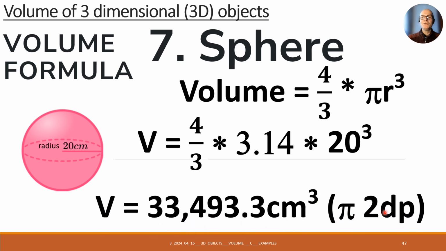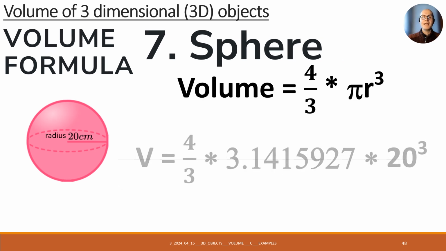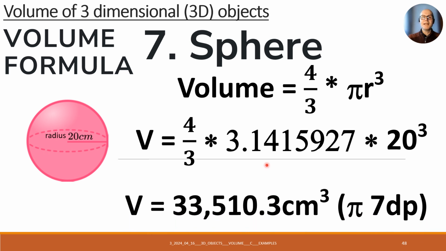Here is pi to 2 decimal places, 3.14. The answer for this worked example, 33,493.3 centimeters cubed. However, if you use 7 decimal places for pi, you get a different value, 33,510.3 centimeters cubed, pi to 7 decimal places.